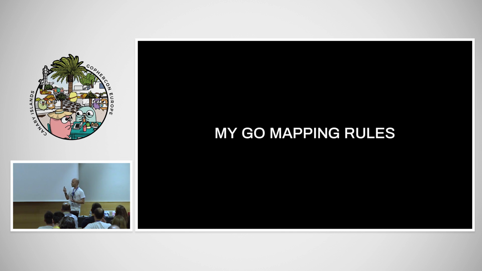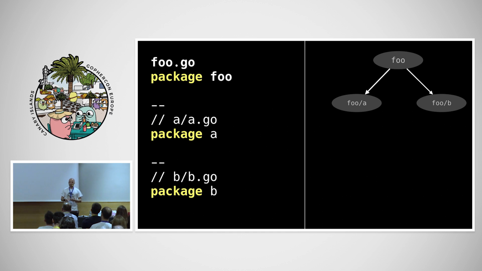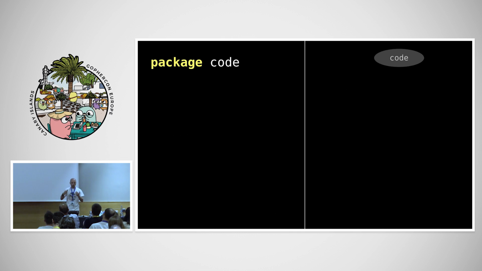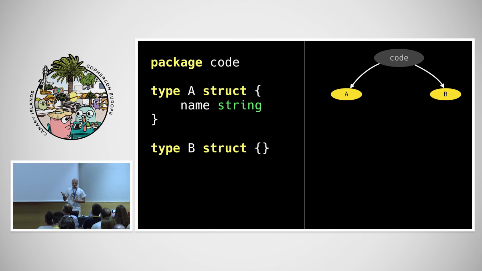So I will very briefly go through some of them. For example, if I see dependent packages, they are kind of like a graph in my head, where the main package goes up and up, and those go down, and they are connected. The same goes with types. Types are connected to the package they belong to.